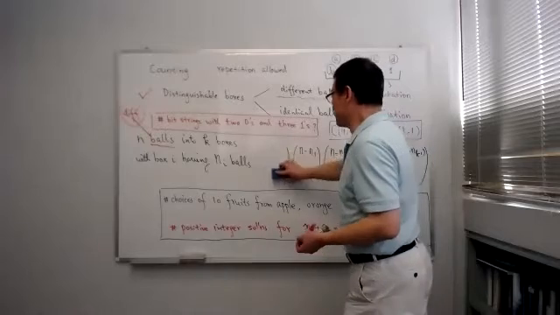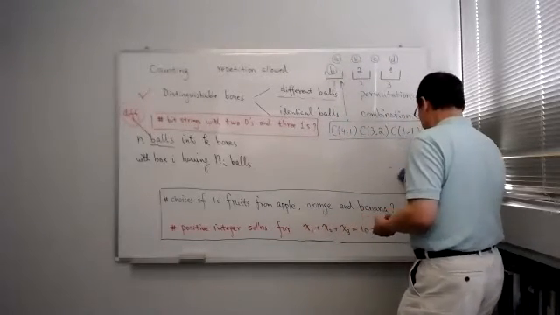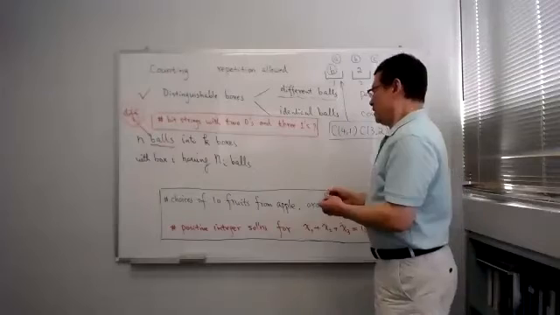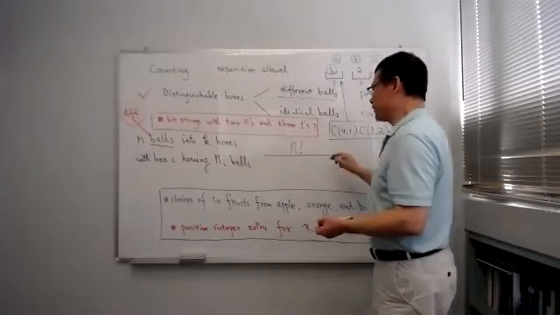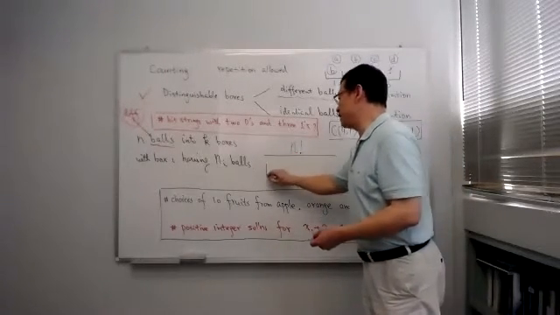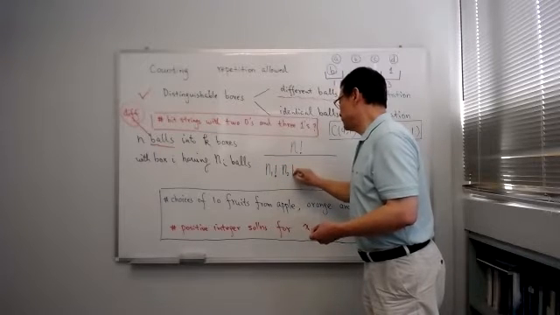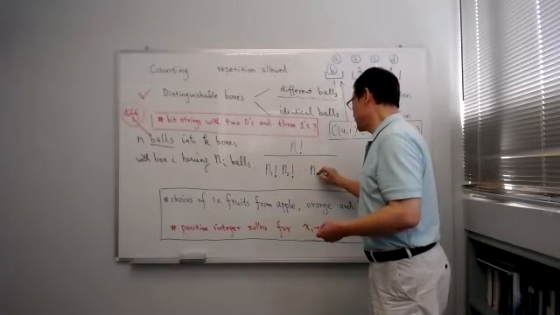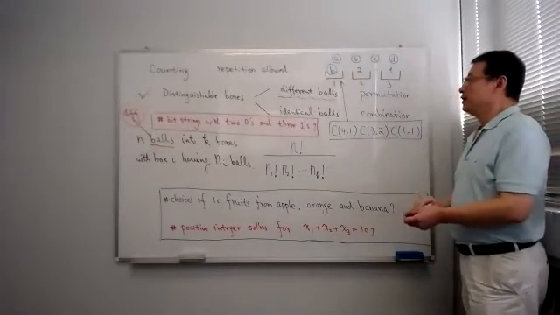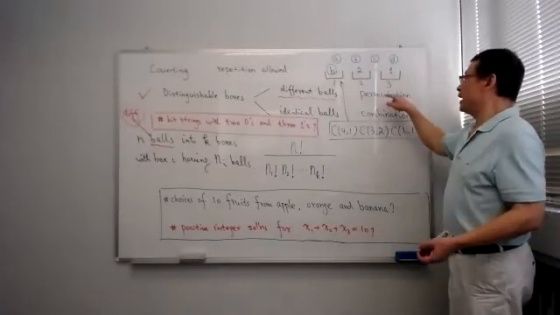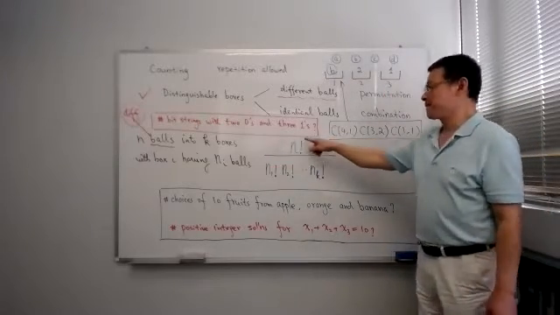Eventually, what we get is n factorial divided by n1 factorial, n2 factorial, up to nk factorial. That's the number. In this case, we know how to do it. It's quite simple, so we just use this formula.